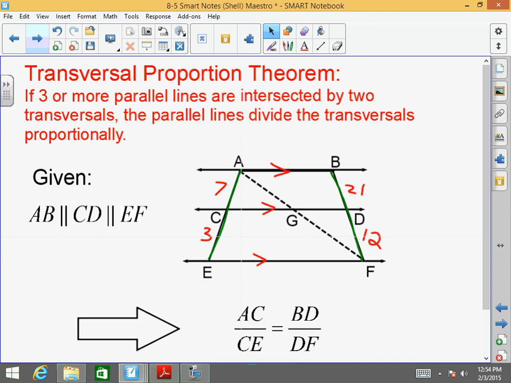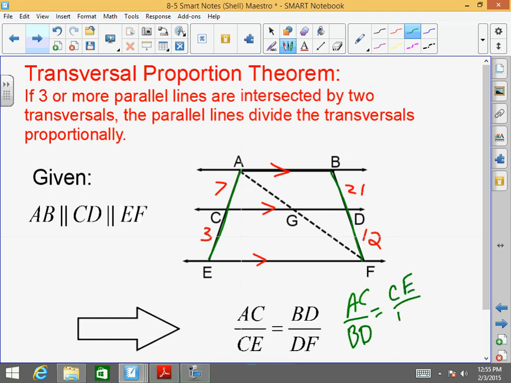It's going to cut those transversals proportionately. And please remember, we have the means extremes ratios theorem. I could go AC to CE equals BD to DF, or I could say AC to BD equals CE to DF.